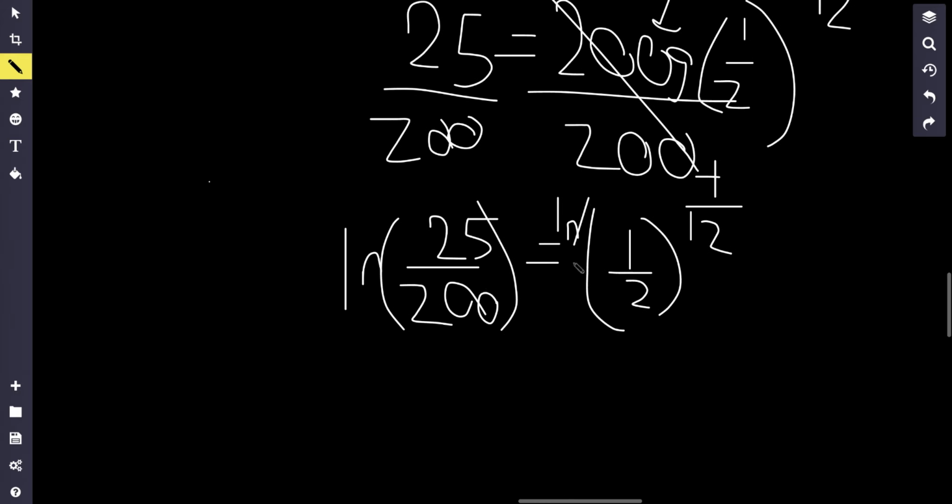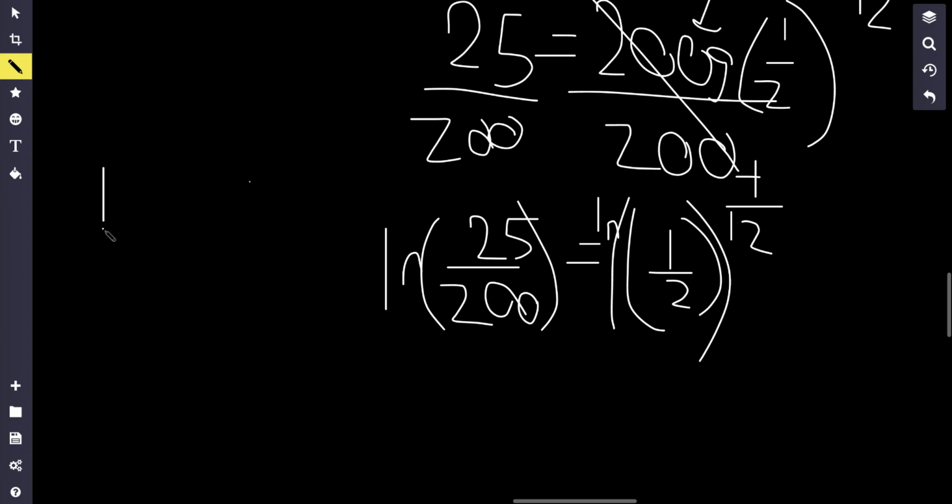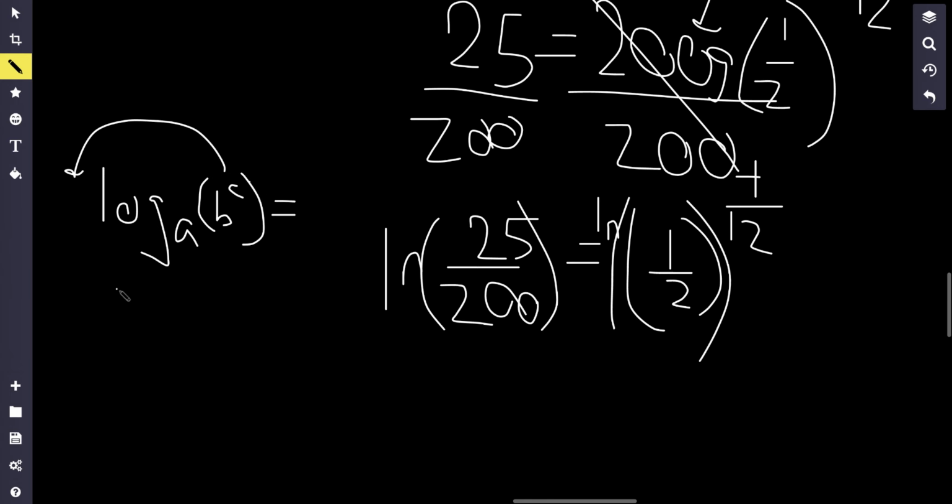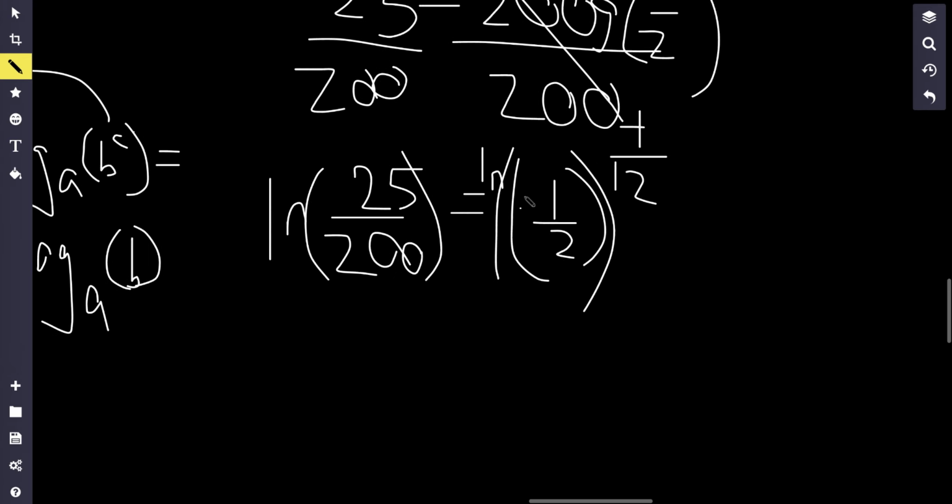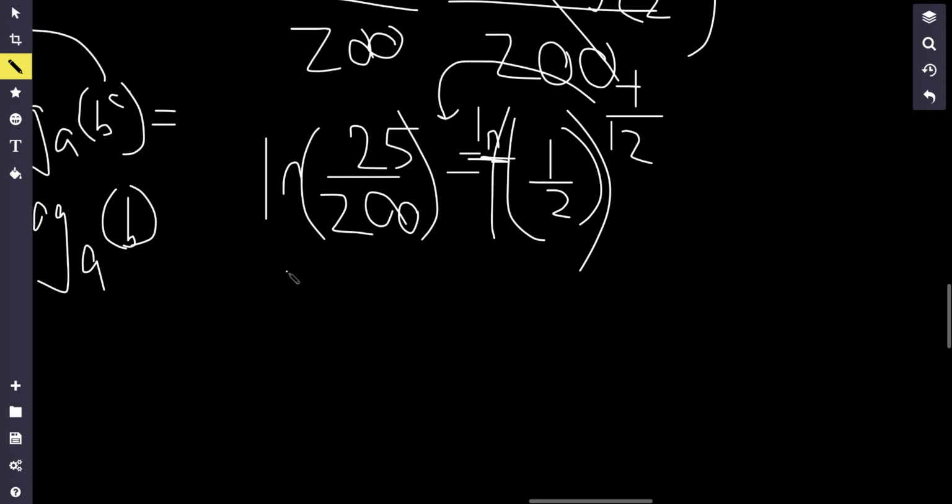One property of logarithms is that if you have an exponent inside the parentheses, you can bring it down. So log base a of b to the c power is equal to c times log base a of b. So this thing is my exponent, and I can bring it down because I have introduced this logarithm. So I get ln of 25 over 200.